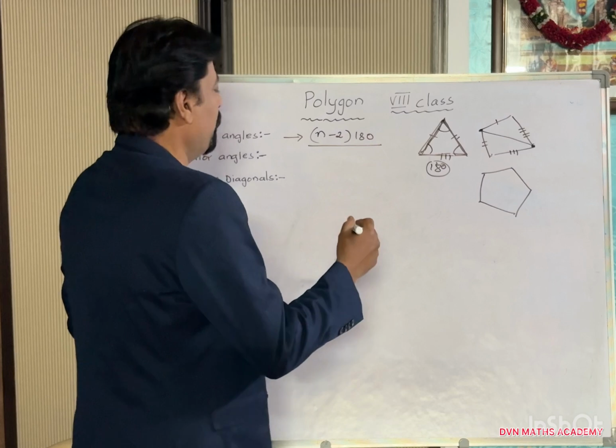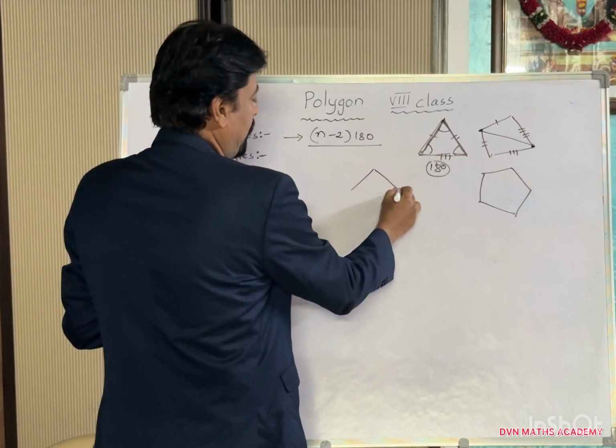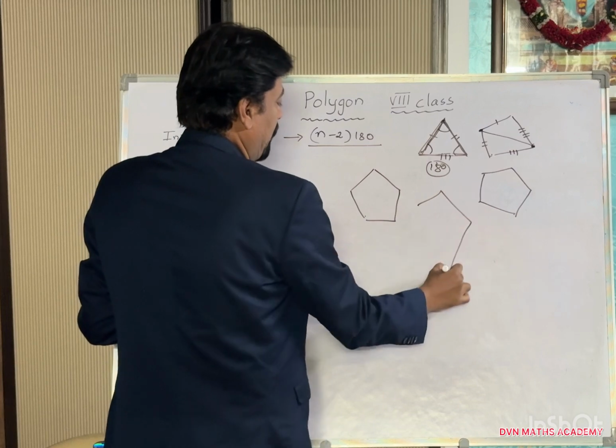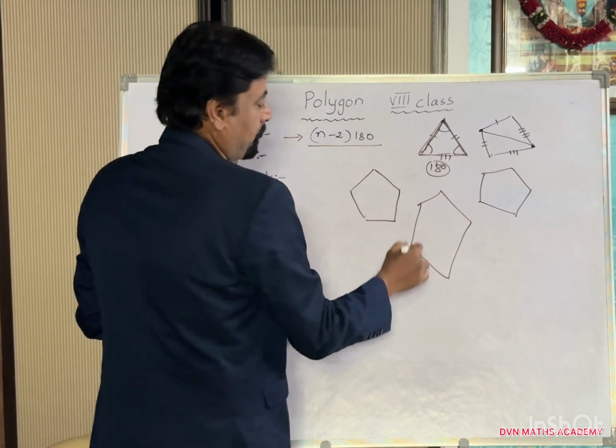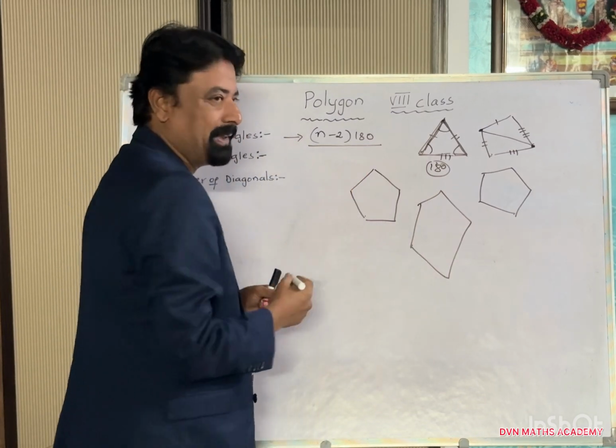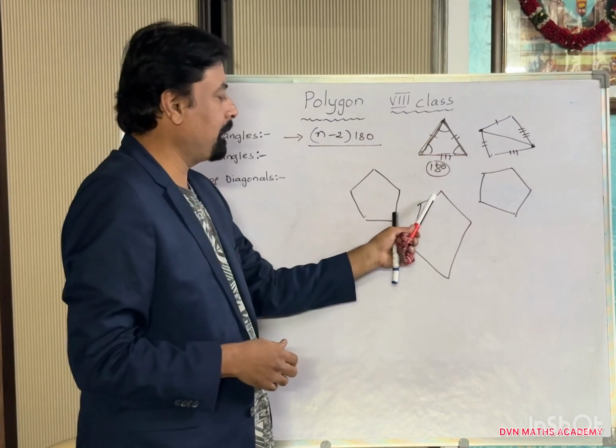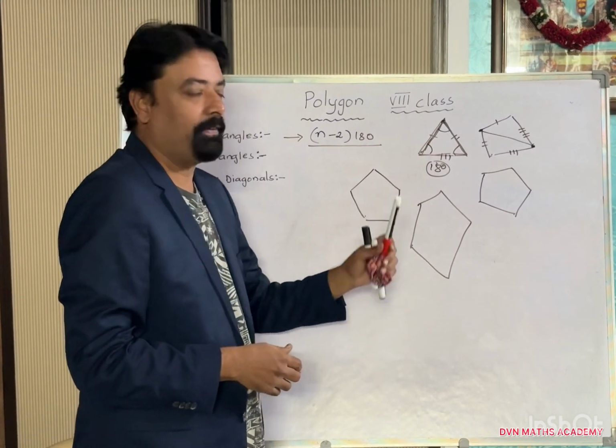For example, if I draw a pentagon here like this, a pentagon we can also draw like this. So this is also a pentagon and this is also a pentagon. Pentagon means it has 5 sides. In this figure also it has 5 sides.